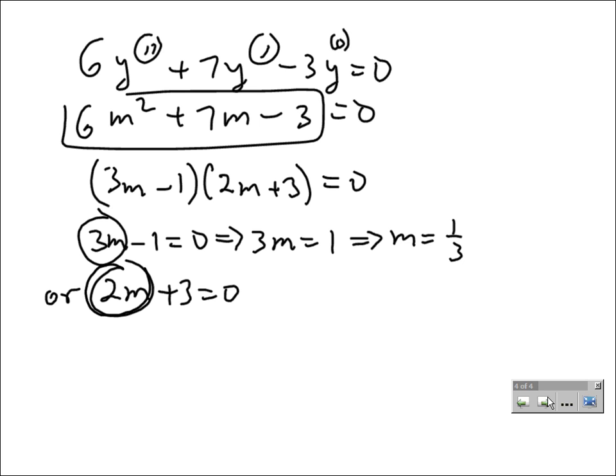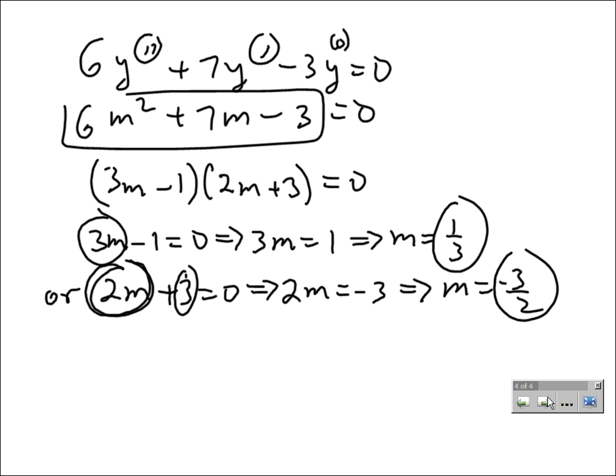This must be negative 3, because when you add 3, then you'll get 0. 2m is negative 3. Dividing by 2, m is negative 3/2. So in this case, although we never really computed the discriminant, we got 2 real roots.